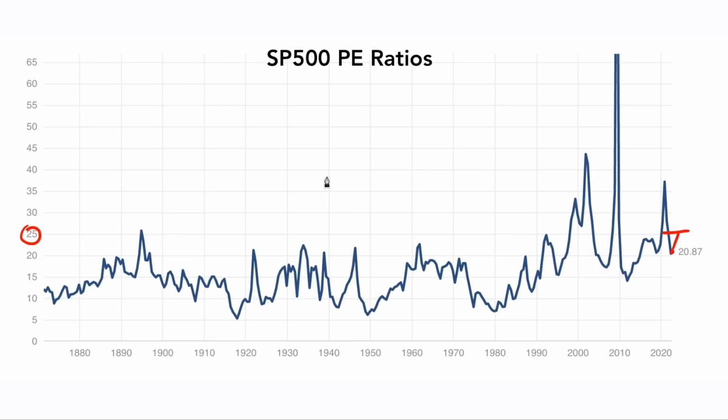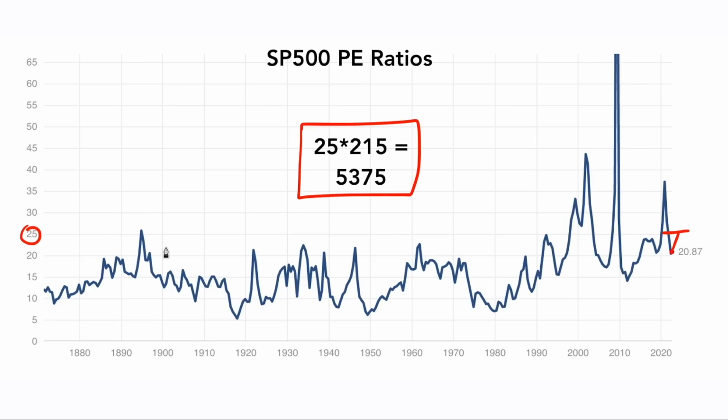So what type of target would that give us for the S&P 500? We multiply a 25 PE ratio by 215. That gives us a target of around 5,375 points. Now, again, this is just an approximation. I know this isn't particularly helpful to really serious investors because we're not really providing the research that supports the idea that we could see a 25 PE ratio.